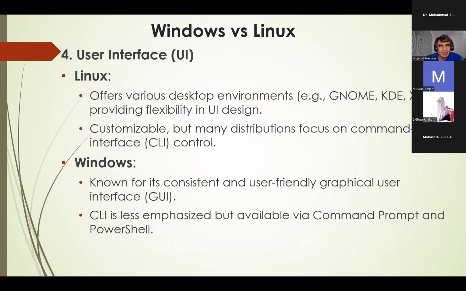Command line basically means that if you want to access a directory or folder, you need to write code. For example, if I want to copy and paste something, I need to write a command. So the Linux operating system is mostly used through the command line. It means you need to write code.